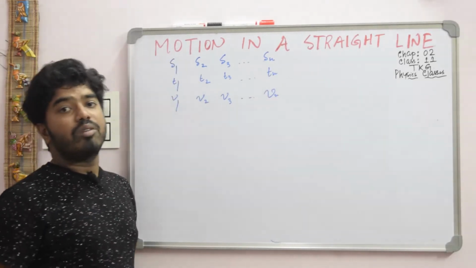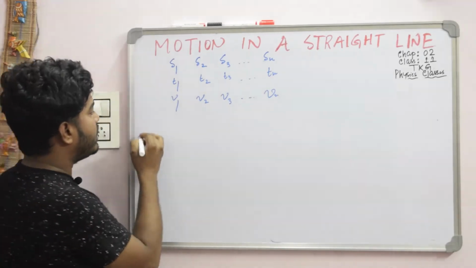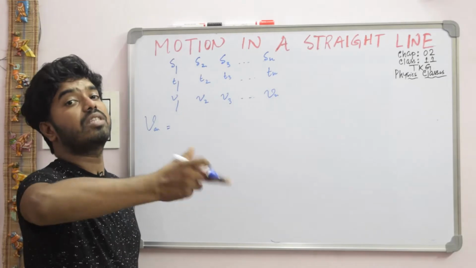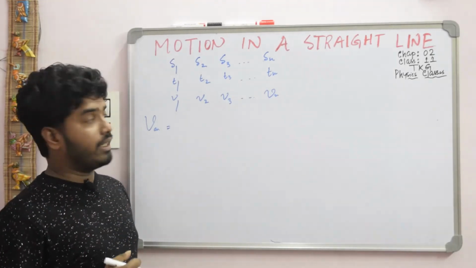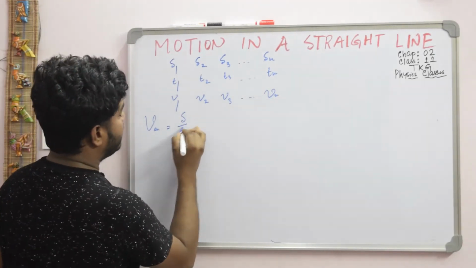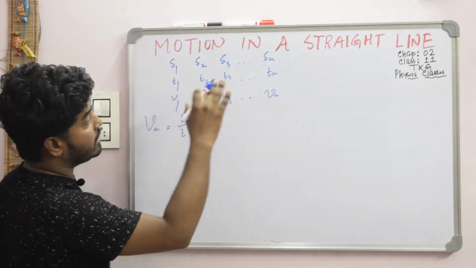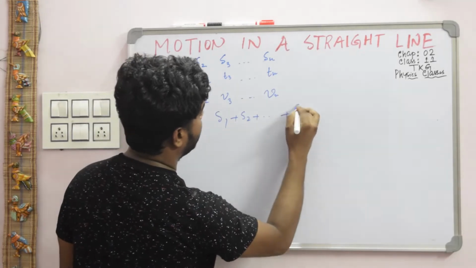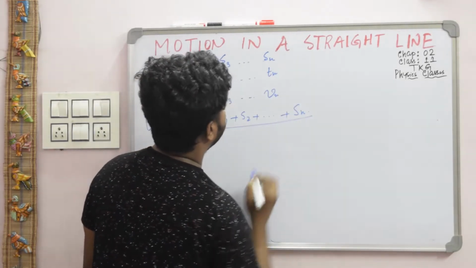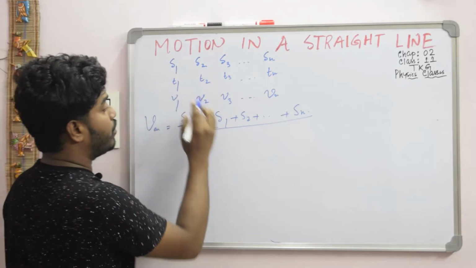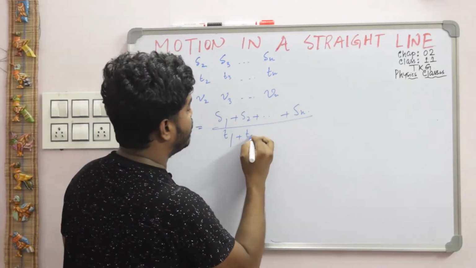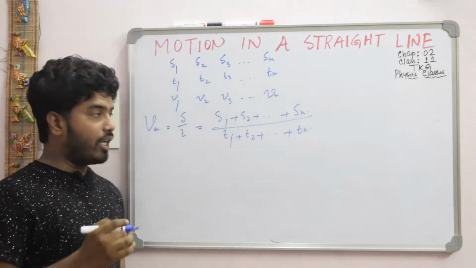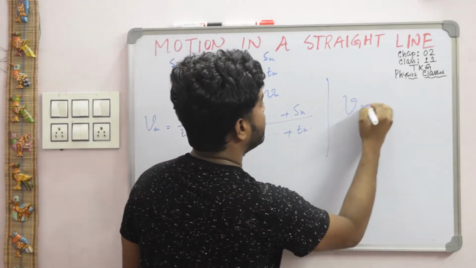Now what will be the formula for average speed? The average speed v average is equal to, you know the formula, total distance travelled divided by total time taken. So that is s by t, and here s means the total distance, that is s1 plus s2 plus up to sn, divided by total time. Total time means t1 plus t2 plus up to tn, right? Now you know the formula v is equal to s by t.